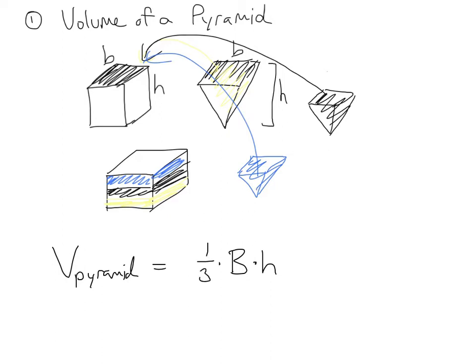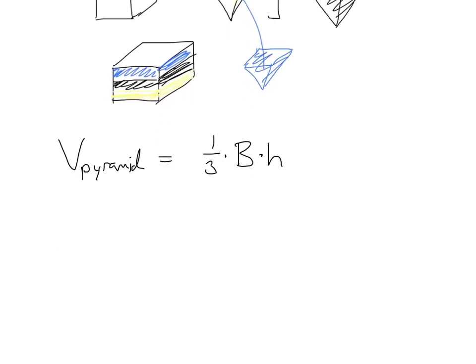So it's 1/3 times the base times the height. It's like saying the volume of a cube, but times 1/3. You could also say it's base times height divided by 3. Either one of those will get you the volume of a pyramid.